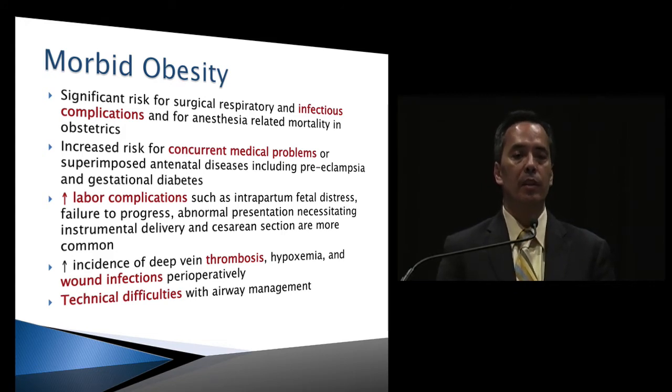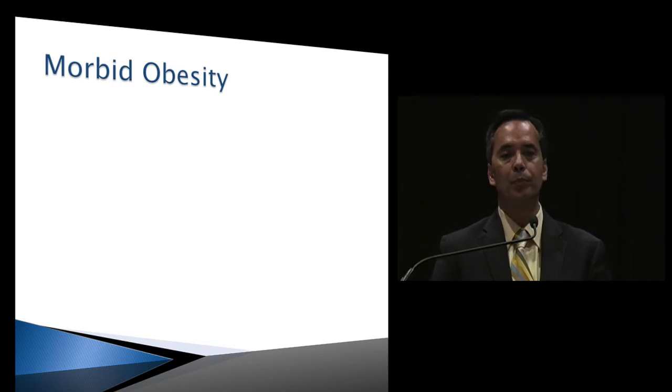There are increased labor complications. I'll also highlight some more later. And there's an increased incidence of DVTs, hypoxemia, and wound infections that all occur with pregnancy. And then there are also technical difficulties, not only with airway management, but also with neuraxial anesthesia.